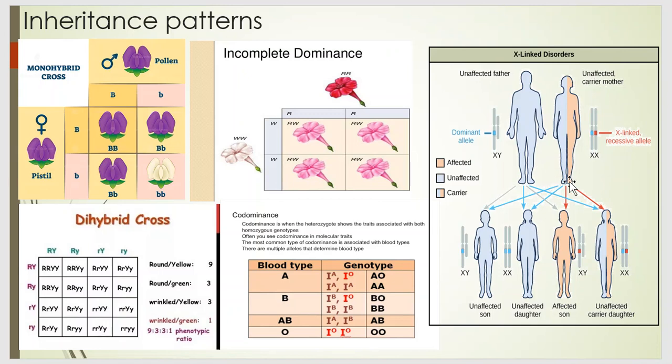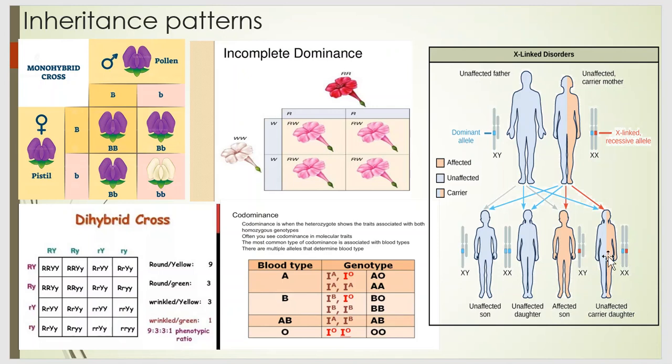When these two produce the four possible combinations of children, you can see XY, there's a boy here, XY, another boy here, and there's a girl here, and a girl here. When these chromosomes mix, you can see this son is already affected with the hemophilia trait. Hemophilia is a bleeding disorder. When we get a cut, the blood is going to bleed and the person is going to die.